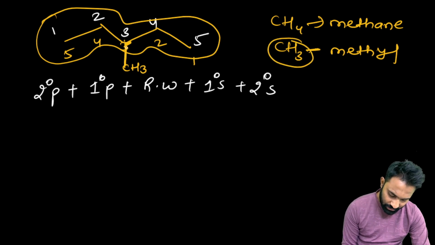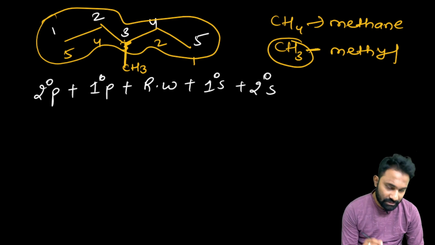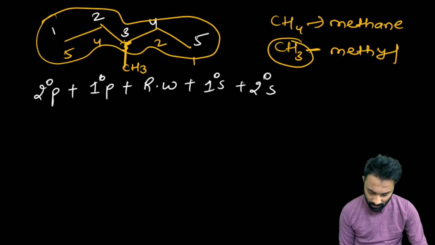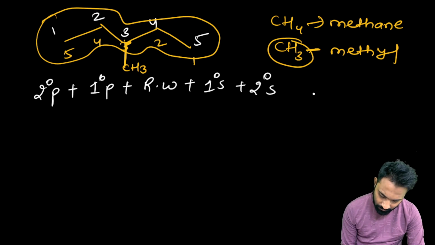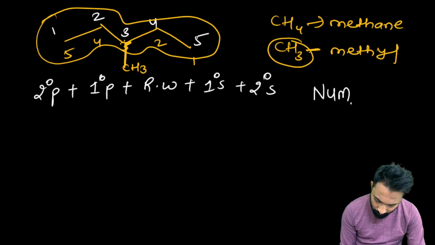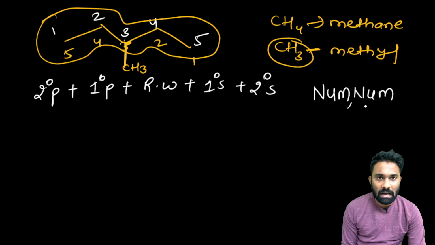So this is a substituent. Now while you are naming in IUPAC, there is a notation you have to remember and follow for all IUPAC names. What is the notation? Whenever you represent numbers for one or more substituents, if it is the same, then number comma number. Between number and number you have to give a comma.